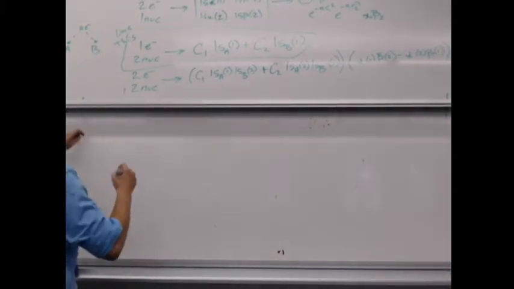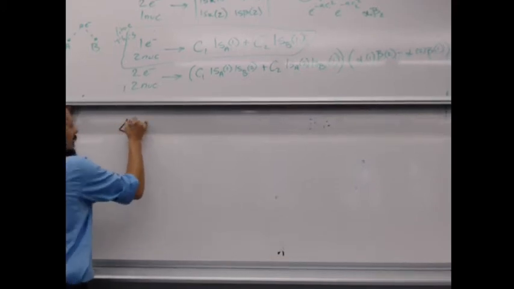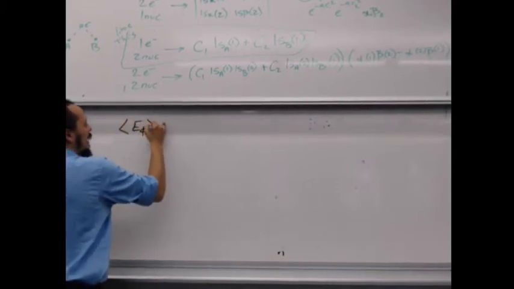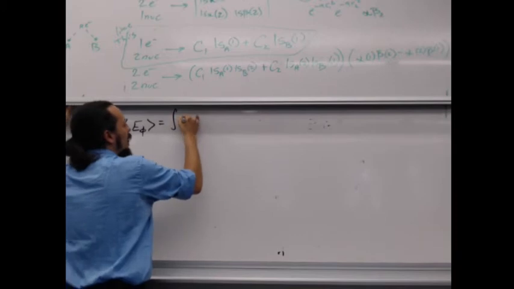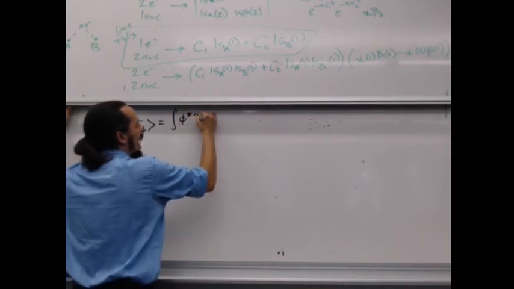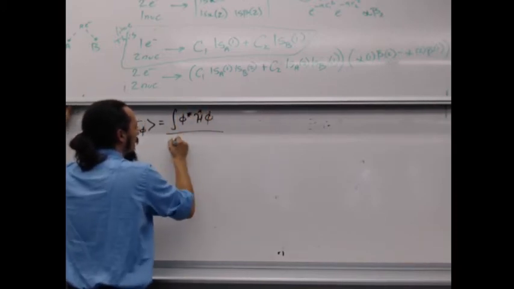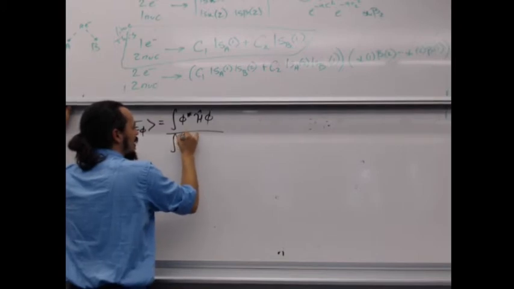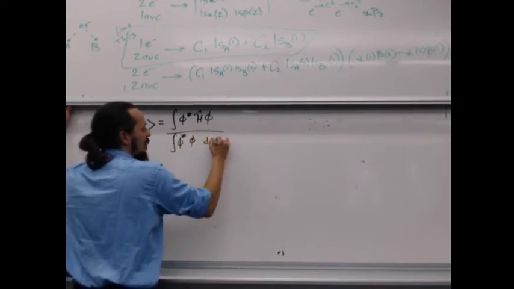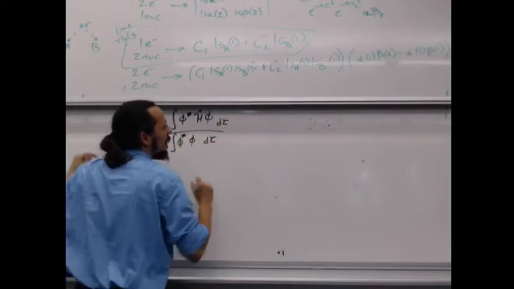Essentially, we're still doing variation of parameters. We're still doing E of phi is equal to the integral of phi star H hat phi divided by the integral of phi star phi, both with d tau.